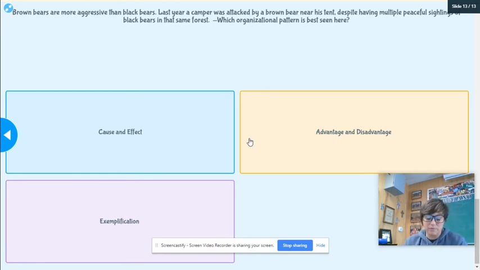Because again, remember, he made a point and then he proved his point, or she proved her point, with a specific example, right? So brown bears are aggressive, and then they talk about a time when a camper was attacked by a brown bear and saw a lot of black bears, but the black bears didn't mess with them. Okay, so hopefully you got those right.